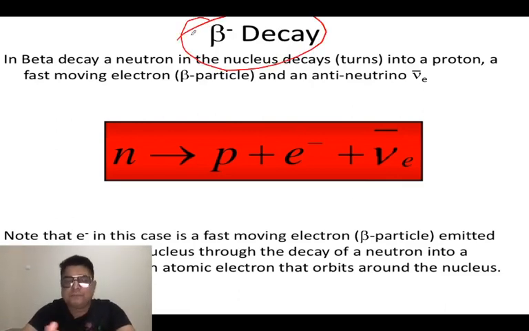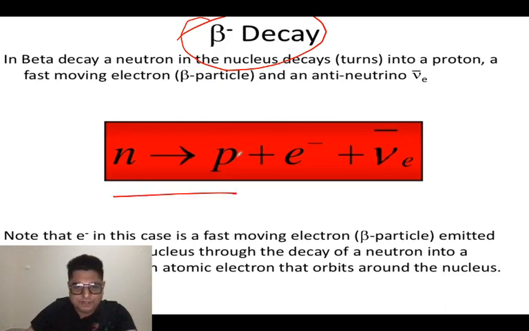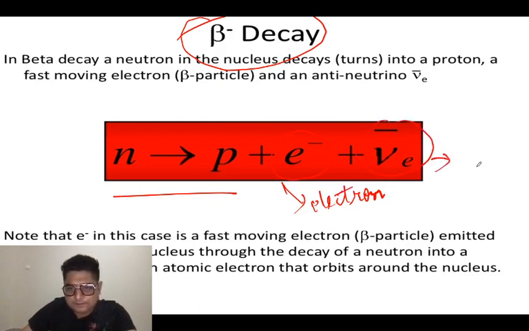So most high school students are already aware about beta minus decay, where a neutron is going to get converted into a proton with an emission of an electron. This is my electron, having the symbol e superscript minus, followed with the generation of an antineutrino.